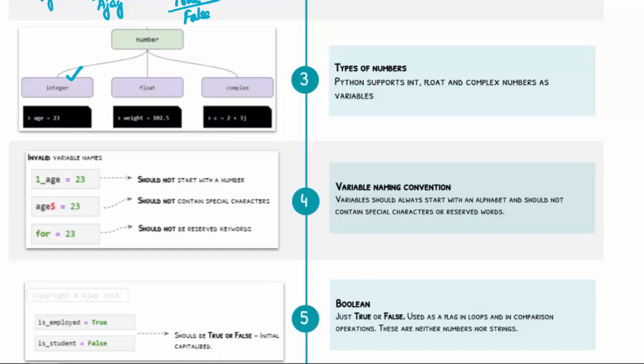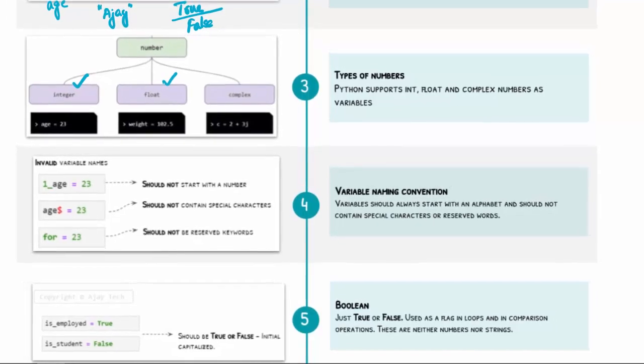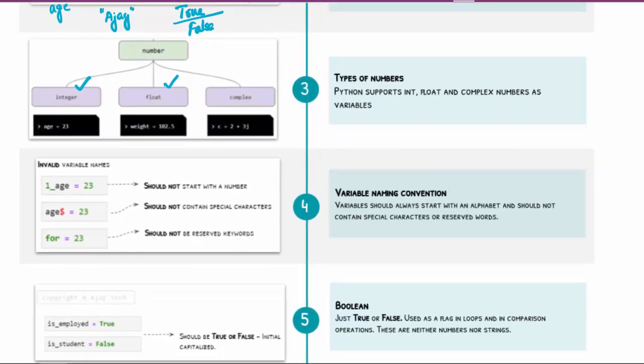Weight is an example of a floating point number. Weight is in pounds. Another type of number that's not so common is called complex numbers. You might remember it from your high school algebra, but it's not used often. So don't worry about complex numbers for now.